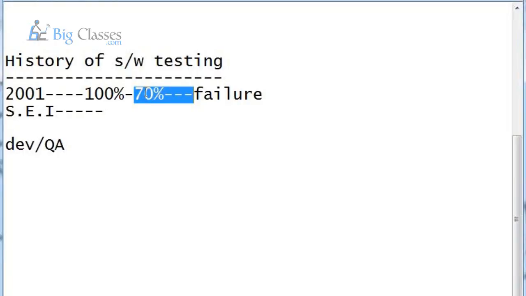It was established to know the reasons for failure. Now, what are the SEI guidelines? After completion of development, before giving to the customer, we should maintain a quality analyst.